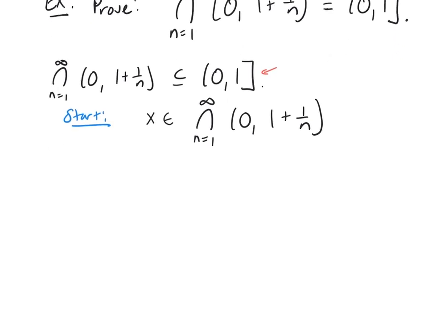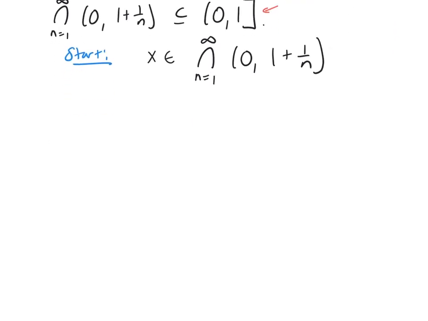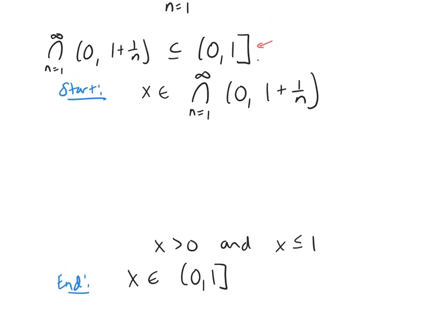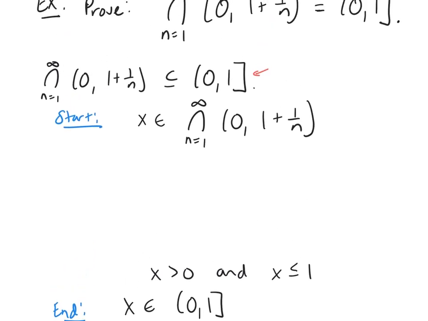So my end will be that x is in the interval (0, 1]. What does it mean to be in that interval? It means x needs to be bigger than 0, and it needs to be less than or equal to 1. So let's go back to our start.